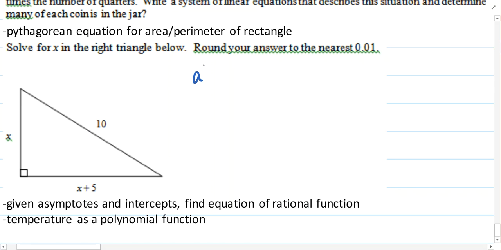Now, we should recall that the Pythagorean equation is a squared plus b squared equals c squared. And if we assume that this is side A and this is side B, then the equation could be rewritten as follows: x squared plus (x plus 5) squared equals 10 squared.